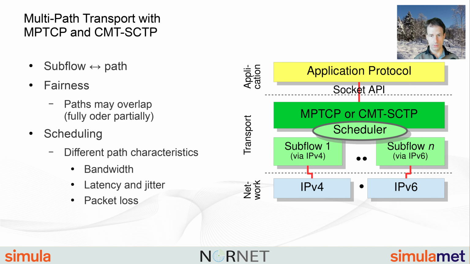And fairness is not the only challenge of multipath transport. Also, of course, you have to think about scheduling, which subflow to use. So obviously, if you have a saturated flow, you should use all the subflows. But in some other cases, you have maybe latency sensitive traffic, which is not saturated.